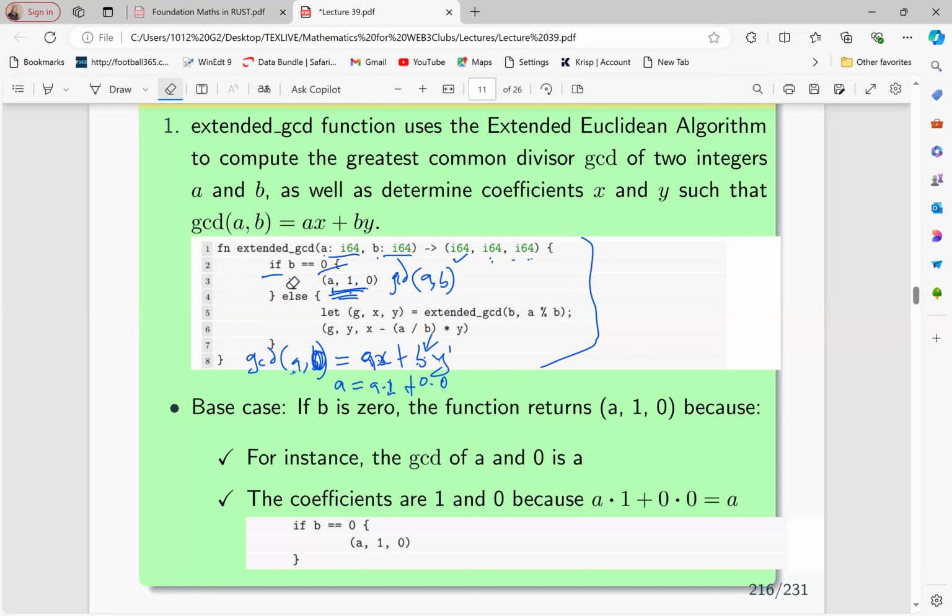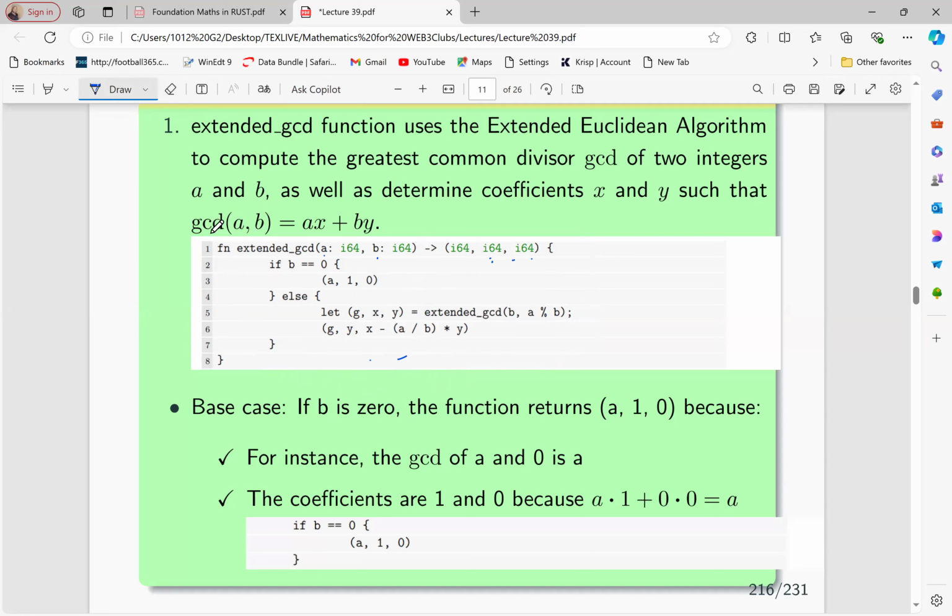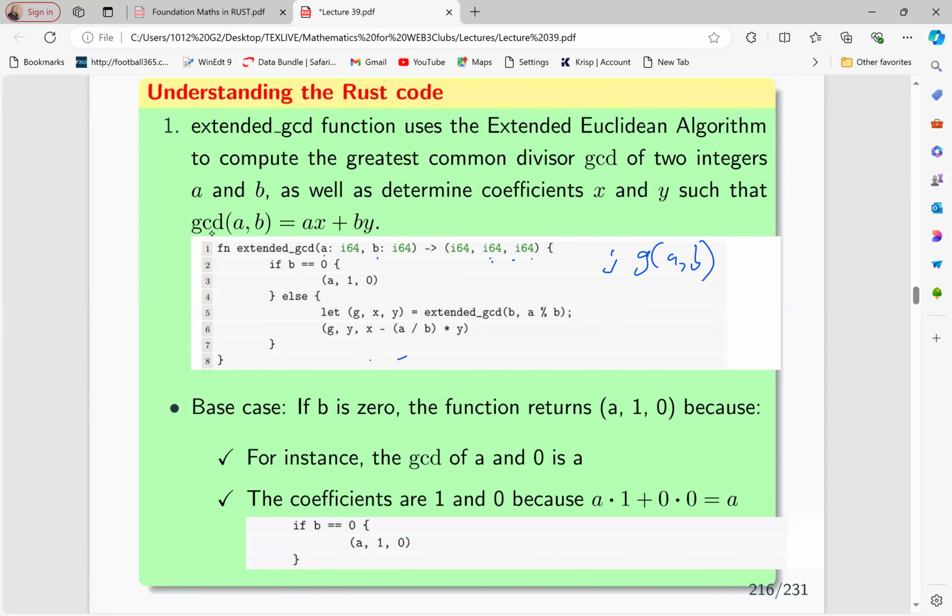Now, else, that is in cases where B is not 0. In cases where B is not 0, then what happens? When B is not 0, you began with A, you wanted the GCD of A and B, and B is not 0. So the first thing it does, it calls for the GCD of B and the remainder of A on division by B. Is that okay?